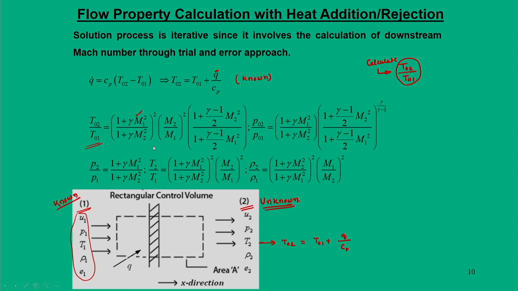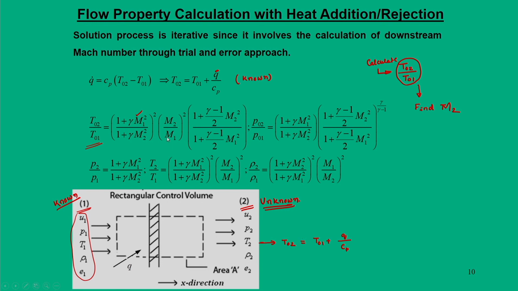So, iteratively we have to do a trial and error approach to find M 2.